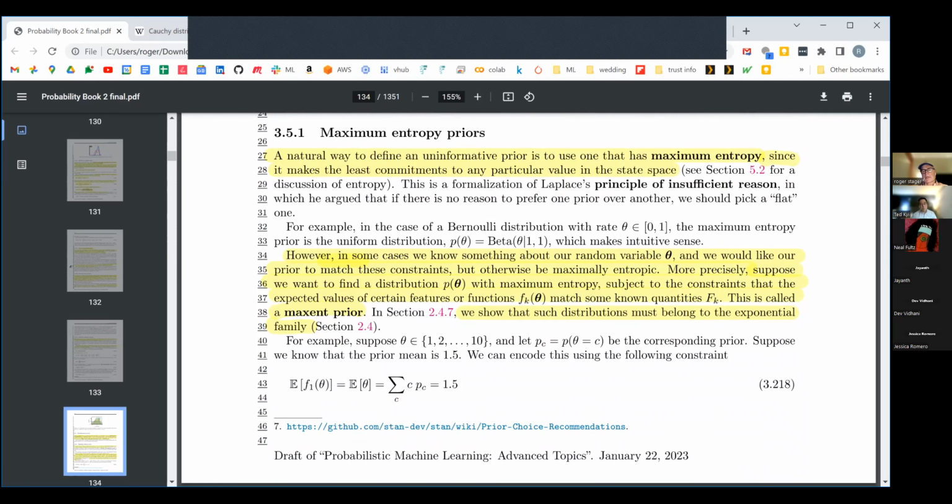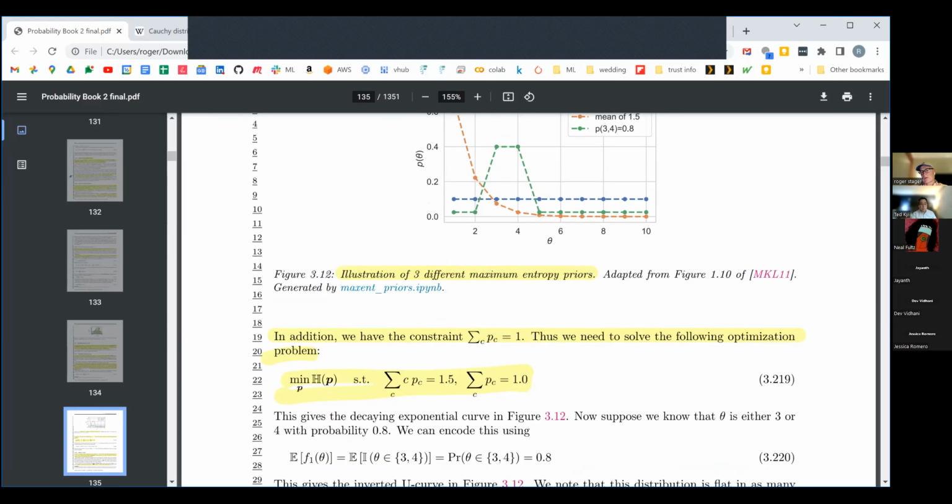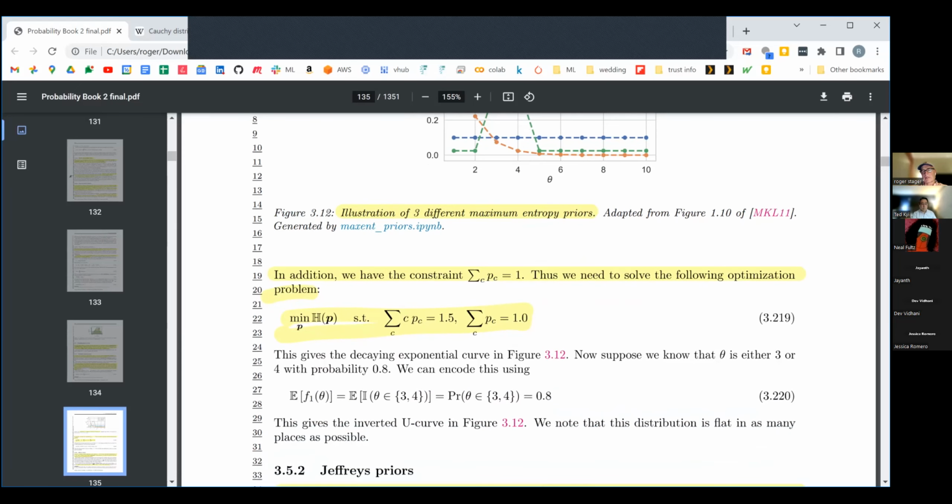They had some examples where certain constraints, like it wants to have a mean of 1.5, but it's a distribution PDF, so the integral has to be 1, and they just optimized it. I'm assuming there's some sort of numerical optimization on that.